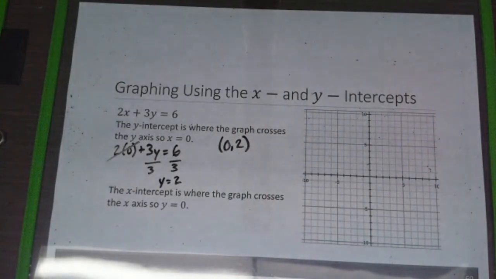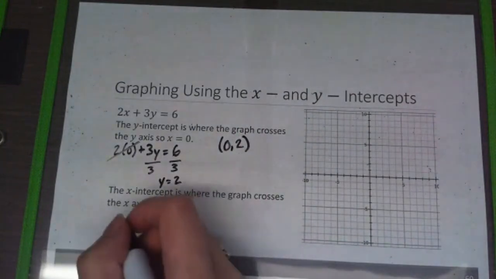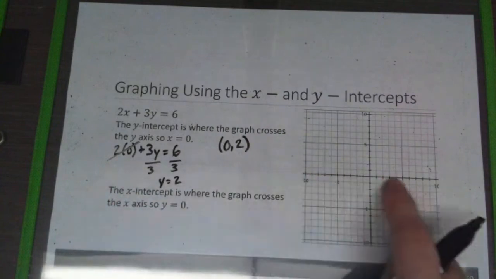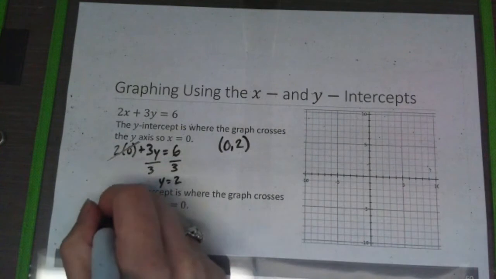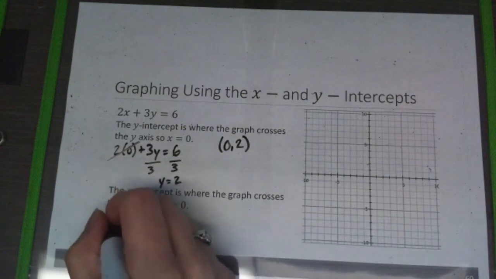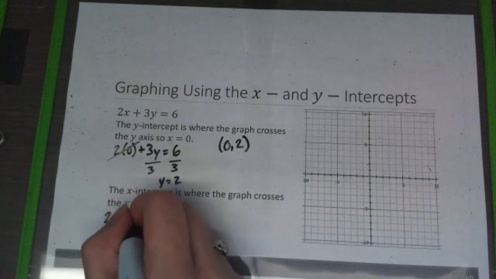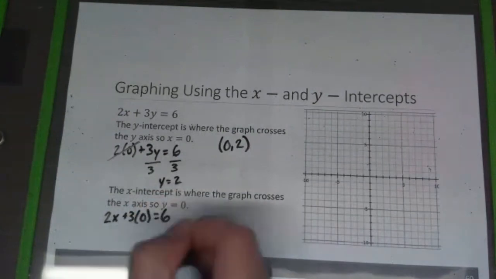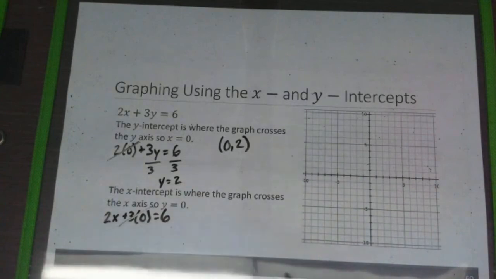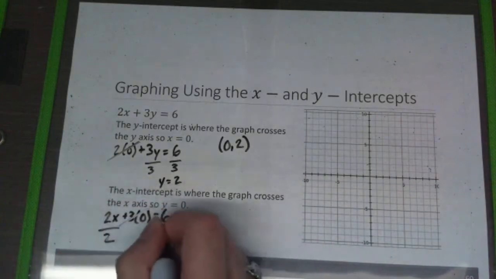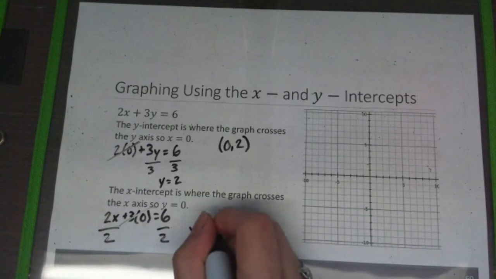The process for finding the x-intercept is very similar, except the x-intercept is where we cross the x-axis, so our y value is 0. So this time I'm going to plug in y equals 0, and we'll have 2x plus 3 times 0 is equal to 6. But just like last time, 3 times 0 is 0, so that doesn't matter. If we have 2x equals 6, I can divide both sides by 2, and we get x is 3.